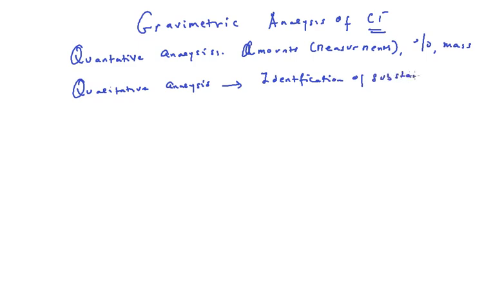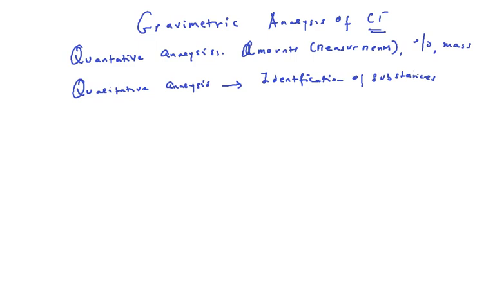So in that regard, gravimetric analysis is also a part of quantitative analysis. Gravimetric derives its name from the fact that the constituent being determined is isolated in some weighable form.